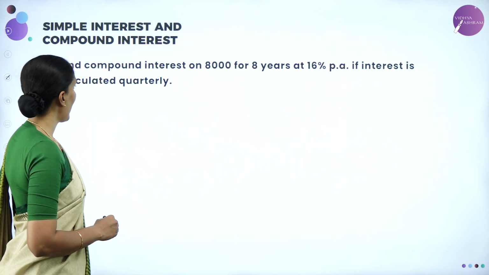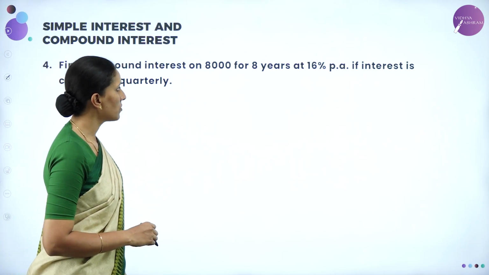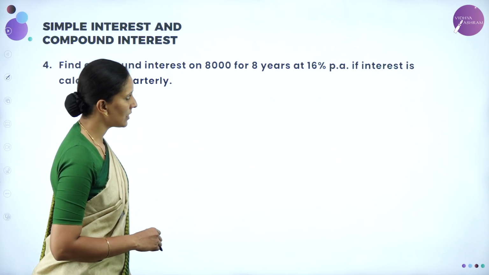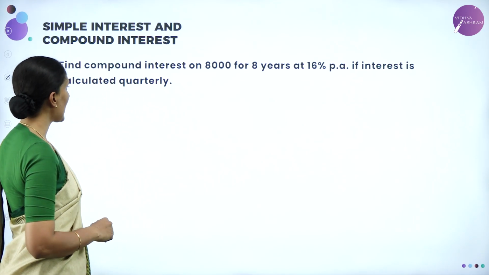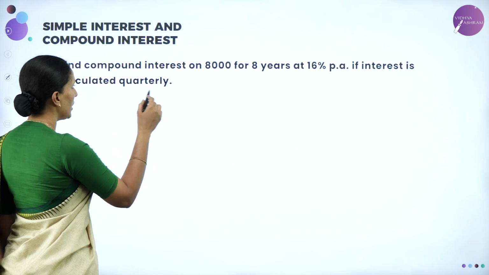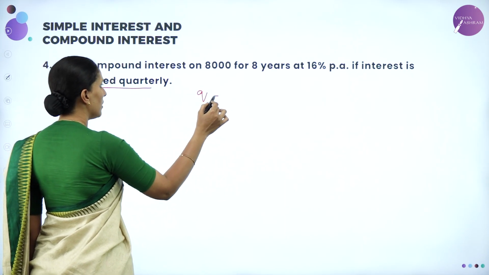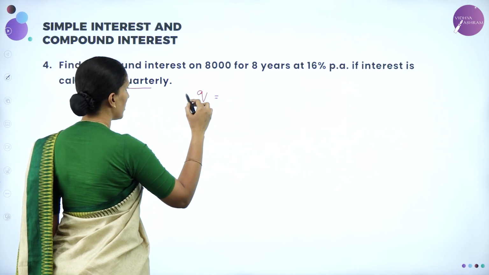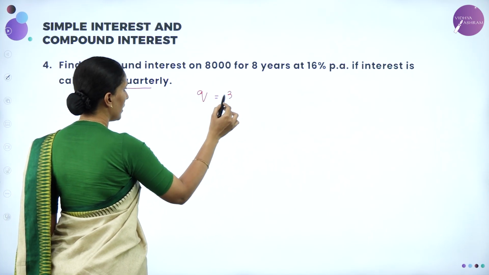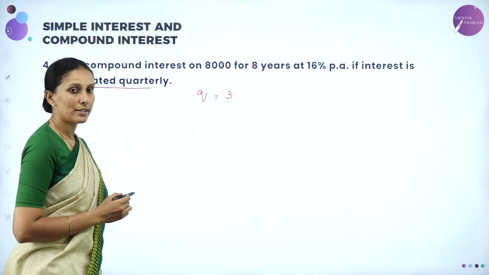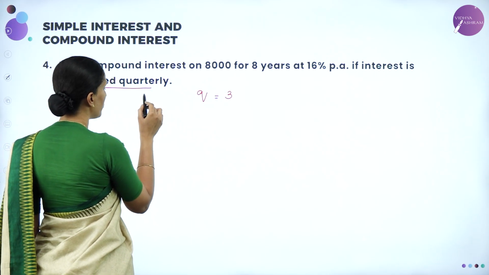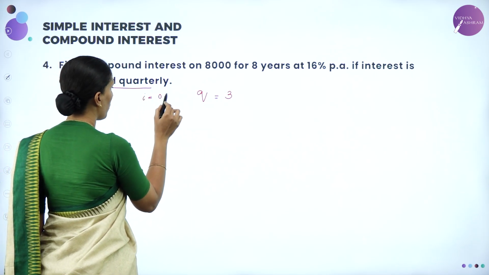Next question. Find compound interest on 8,000 for 8 years at 16% per annum if interest rate is calculated quarterly. So here it is calculated quarterly. So therefore there is an effective rate of interest. So hence quarterly means the period is thrice a year and interest is 0.16.